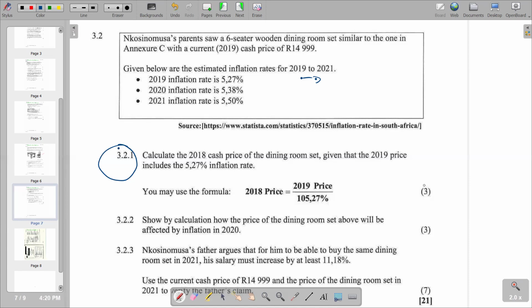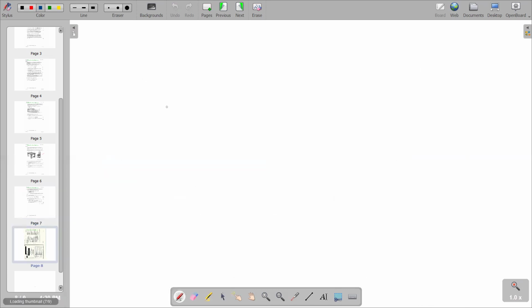Obviously we are given a percentage, so we put our 2019 price, which we are given as 14,999 rand.